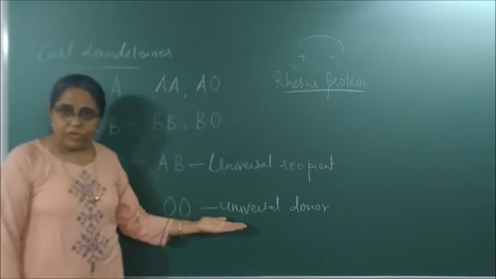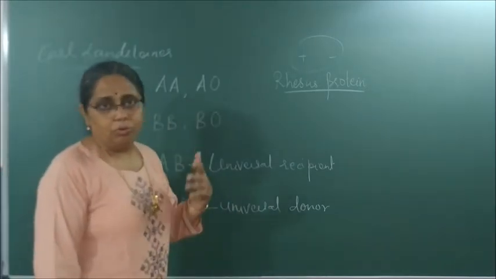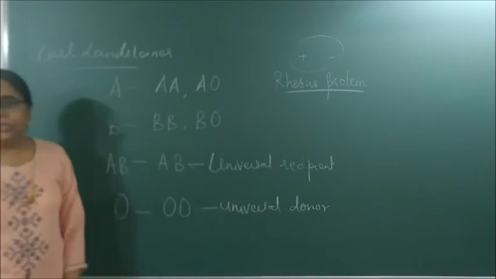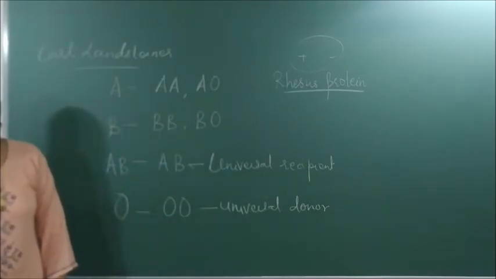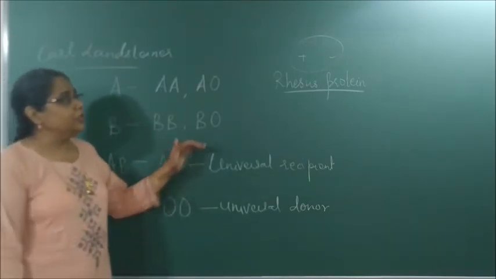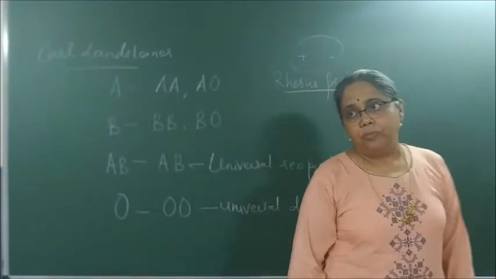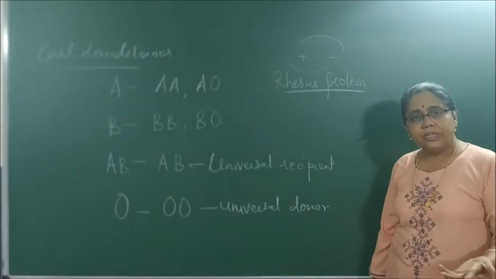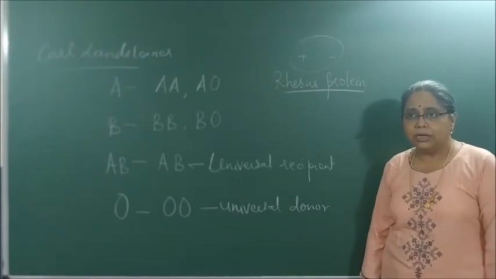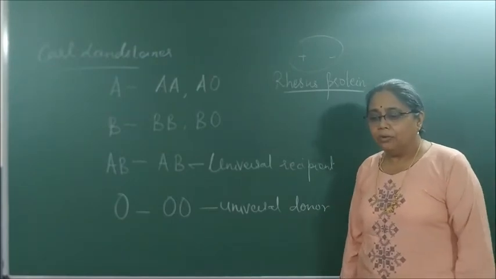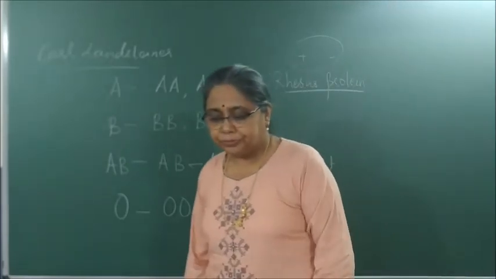OO is called universal donor, as it can give blood to everybody, and AB is called universal recipient. Fine. If the protein which is present in the monkey is present in us, we are said to be Rh positive. If it is not present, then it is called what? Rh negative.